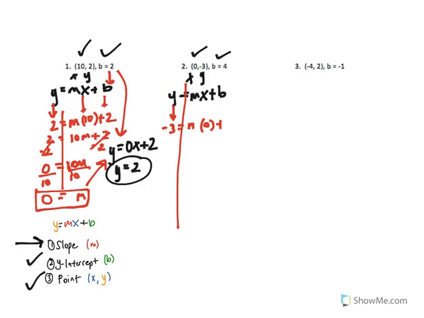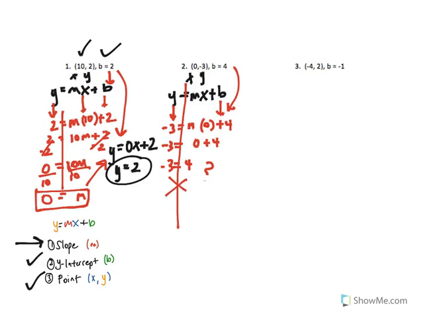X is 0. B, they give us here, is 4. So now I just do the math. Anything times 0 is 0, plus 4. And I get negative 3 equals 0 plus 4. I get negative 3 equals 4. How is that possible? That is not possible.